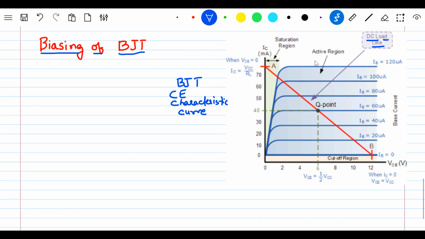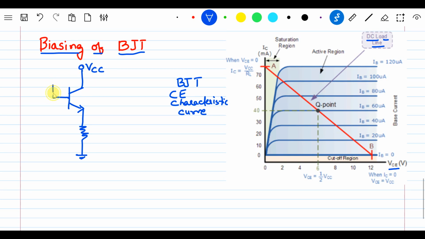It is marked on a graph where the x-axis is the collector emitter voltage. Take a transistor in common emitter configuration: you will have a resistor connected to ground, the collector terminal connected to VCC, and this is your base.